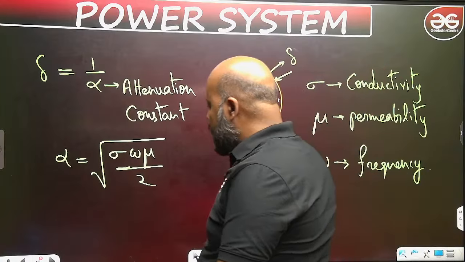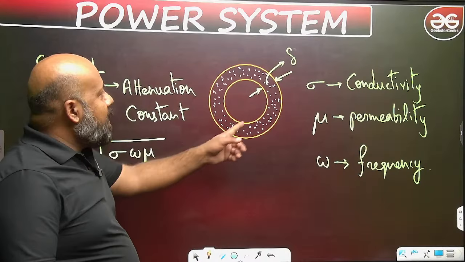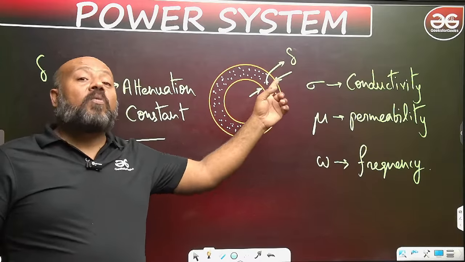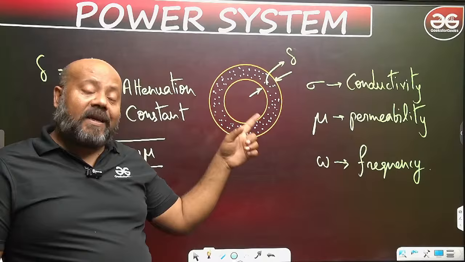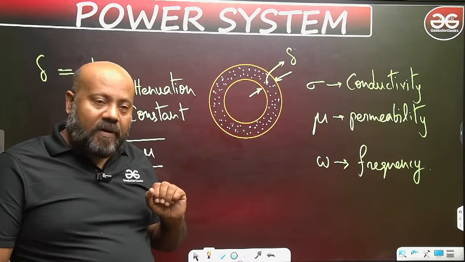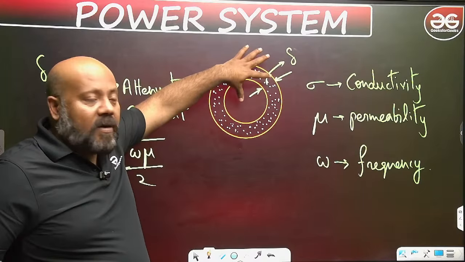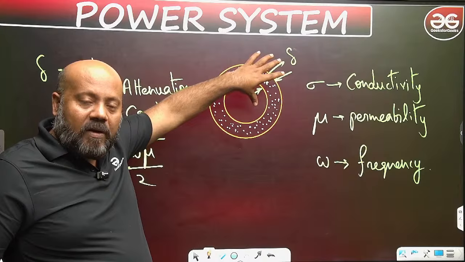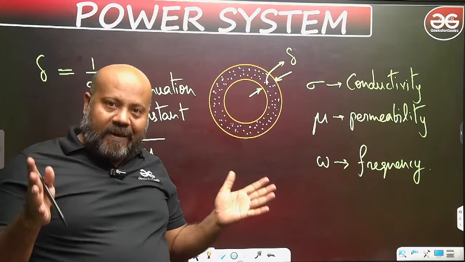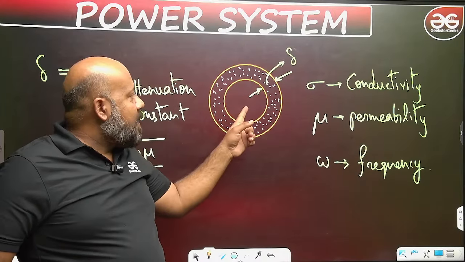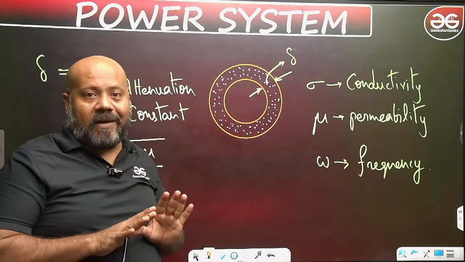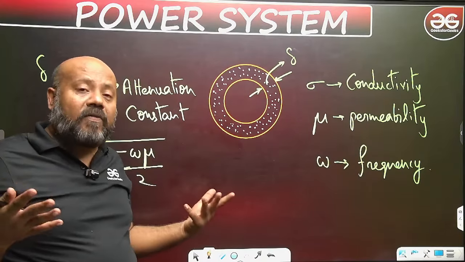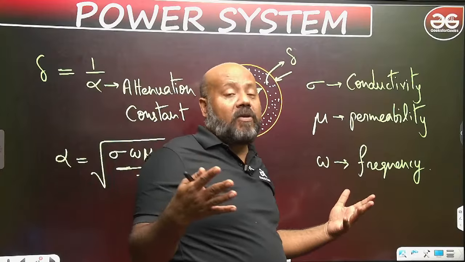Yes or no? Now you tell me, if del is going to be more, listen very carefully, then skin effect will be more or less? If del is a large value, see, skin effect simply means the amount of non-uniformity within the cross section of the conductor, how non-uniformly current is being distributed across the cross section.